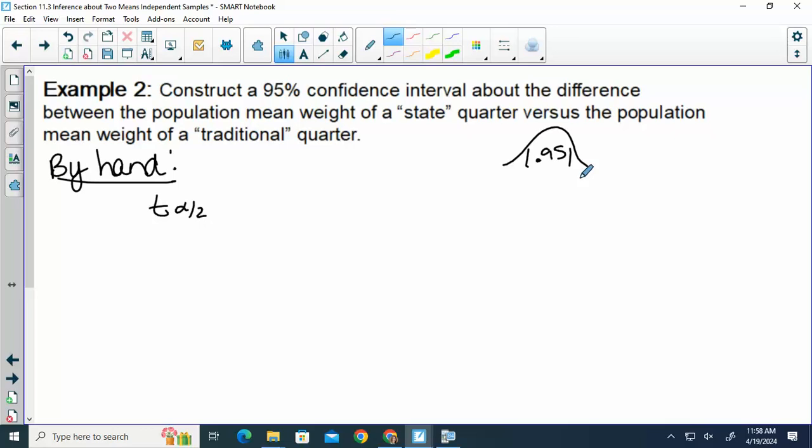If 95% is in the middle, we have 5% left over, so that means 0.025 on each end. How many degrees of freedom are we basing this off of? 15. So we go to our table: 15 degrees of freedom, 0.025 for the probability, and 2.131.